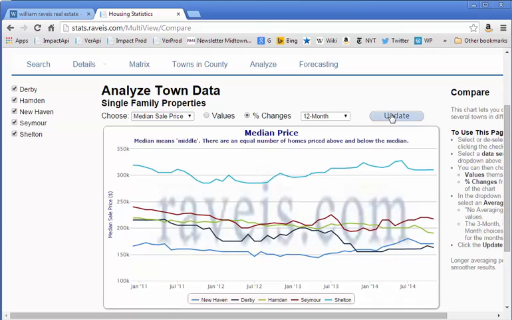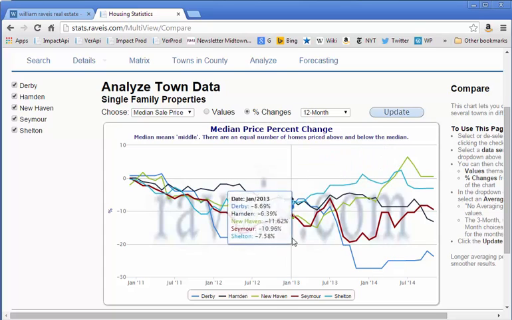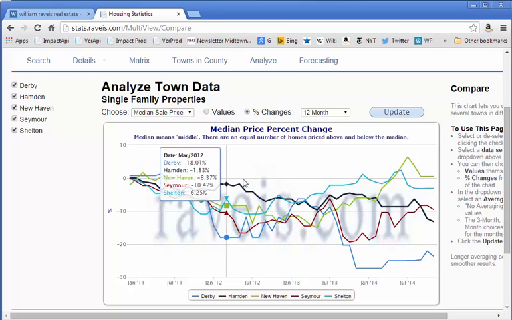Click on the percent change button, click on Update again, and the system is going back and retrieving data for all the towns and percent change data so that we can see how, starting at the same point in time back in December of 2010 and moving forward, which towns have done better and worse than other towns.